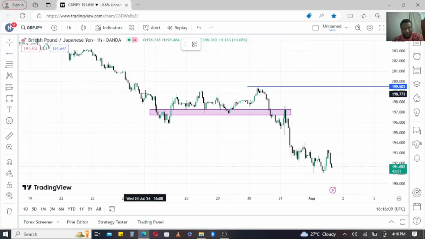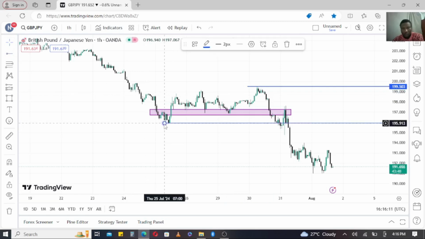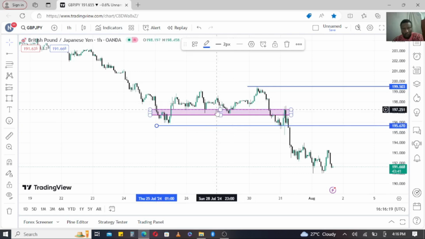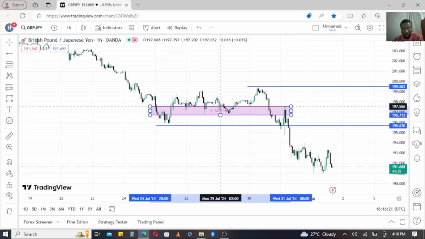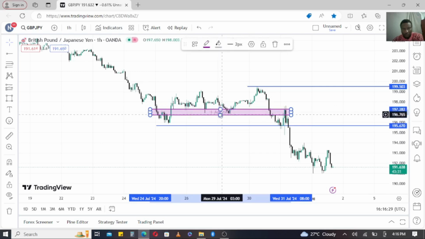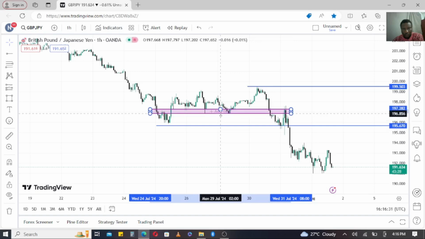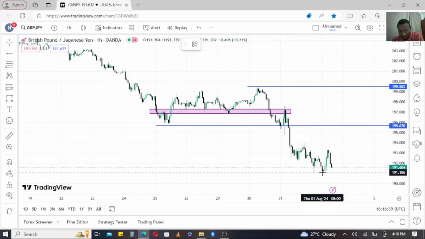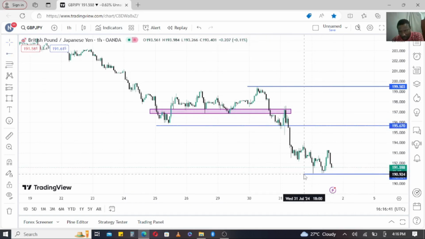There's another one here. There's another zone here. Okay, so we can also take note of the previous low of the market.